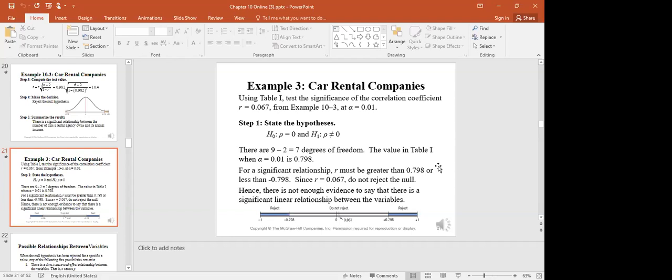We want to test the significance of r at alpha equal to 0.01 when r is 0.0442.